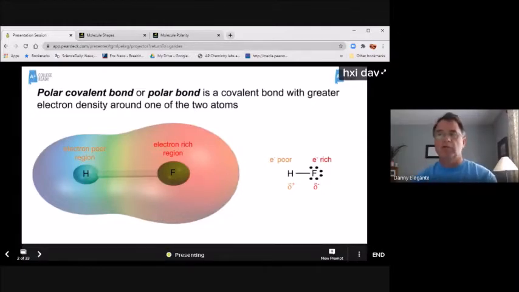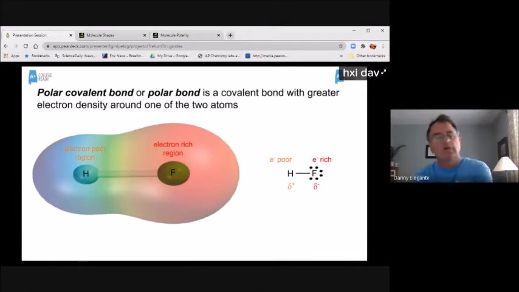A polar covalent bond happens when one thing pulls harder on the electrons in a bond. You may remember something called electronegativity, and electronegativity is how badly one of the atoms is pulling on those electrons. Fluorine, if you were to look at a periodic table, is in the upper right-hand corner, and we know it has a very strong electronegativity for two reasons.